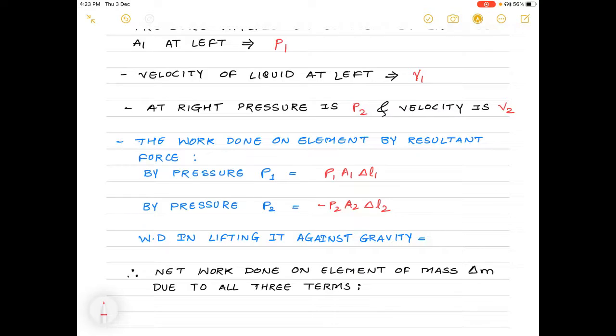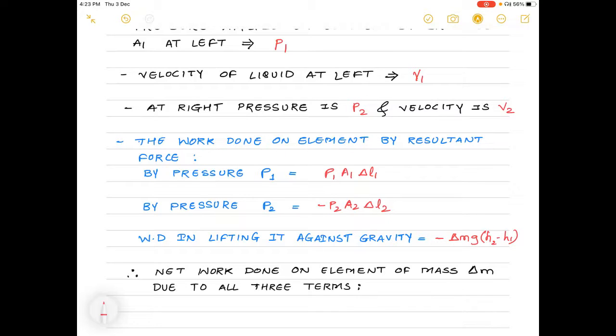So the work done in lifting it against gravity can be written as minus delta m g (h2 minus h1). It is negative because the gravitational force acts in the direction opposite to the vertical displacement. Getting it? Our liquid element is making a vertical displacement, but the gravitational force is acting in the opposite direction.